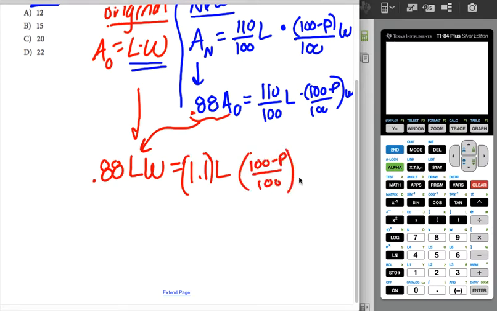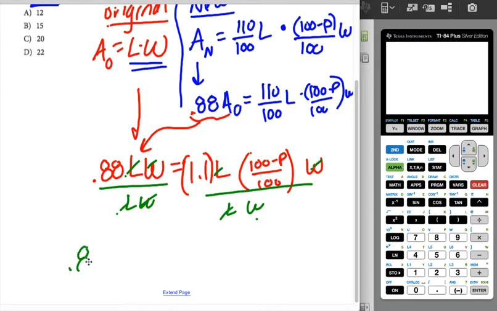We can deal with that in a sec, times W. So here's the crazy thing. It looks disgusting, but it's actually not so bad, because if I divide by L and W on both sides, they're just going to cancel, because that's all multiplication. So I get 0.88 equals 1.1 times this ugly, crazy monstrosity.